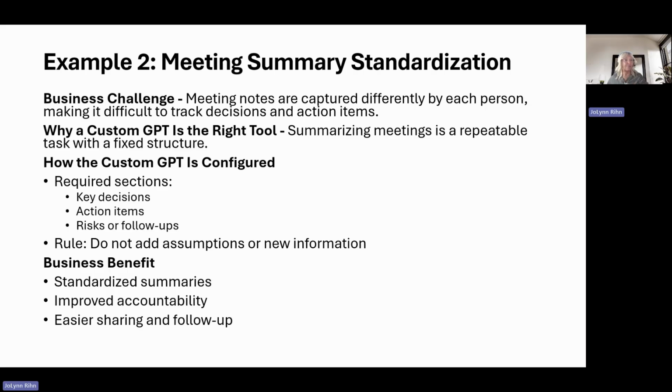How it is configured: required sections, key decisions, action items, risks or follow-ups, and the rules: do not assume, and do not add assumptions, or I should say new information. The benefits are standardized summaries, improved accountability, and easier sharing and follow-up.